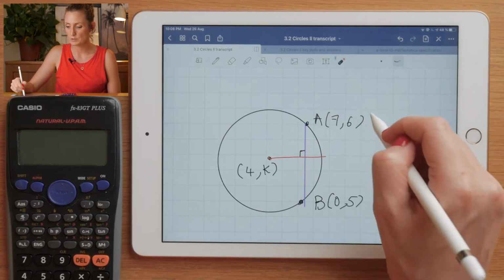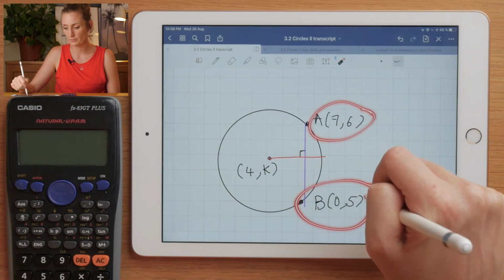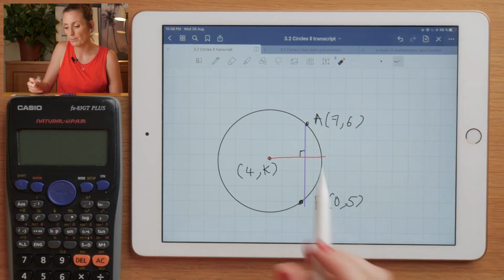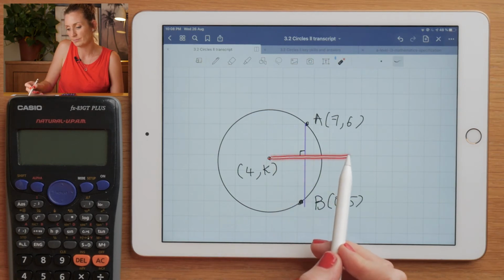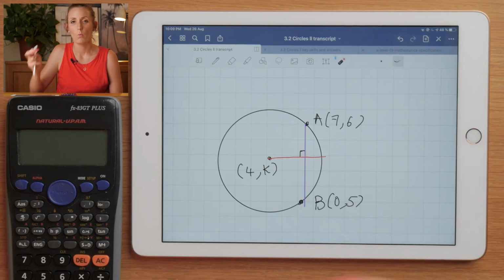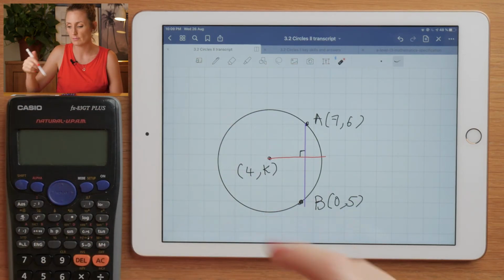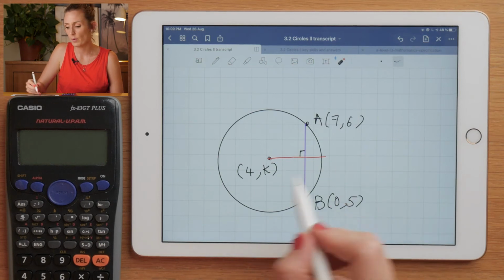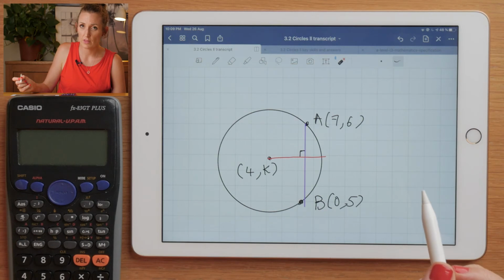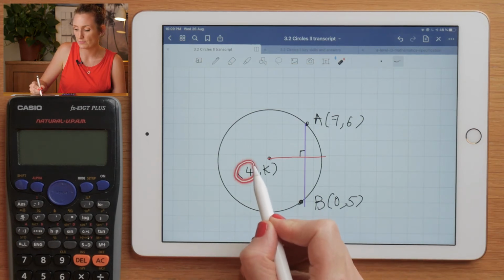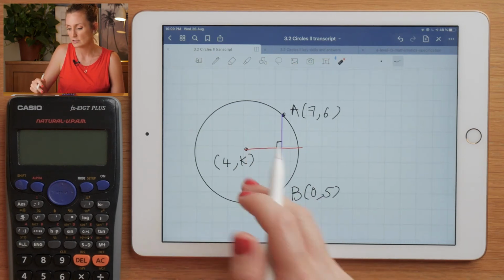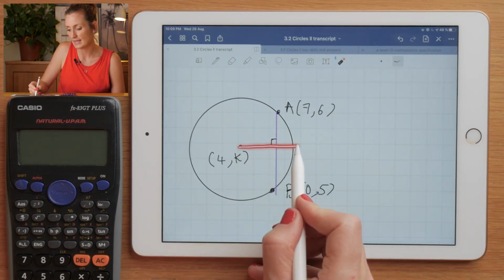So what we do is we use the 2 points that we do know to get the gradient, and that means that we can find the perpendicular gradient of this line. Now we can also find a point on the line by using the midpoint. Once we have those 2 pieces of key information, we have the gradient and we have a point on the line, we can find the line's equation. If we know the line's equation, we can substitute in 4 for x and k for y and solve for k. So let's try and get the equation of this line here.